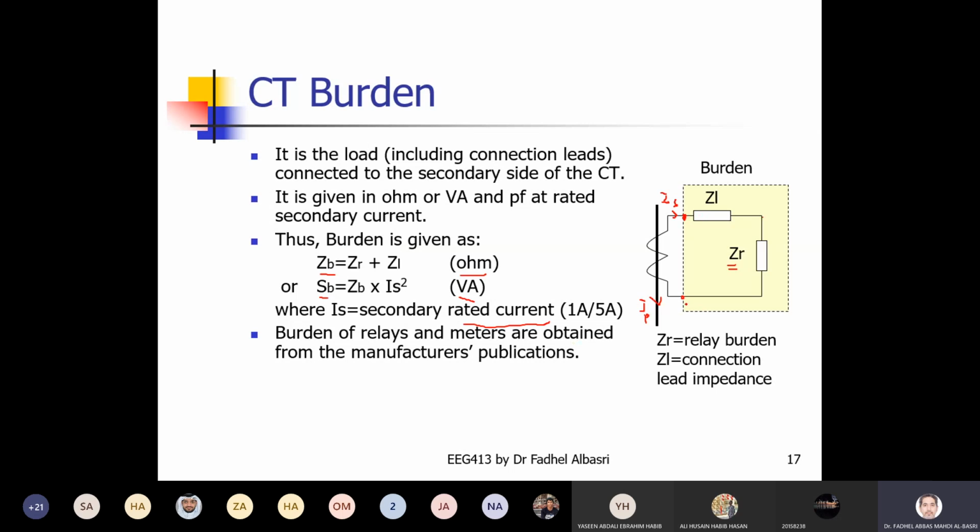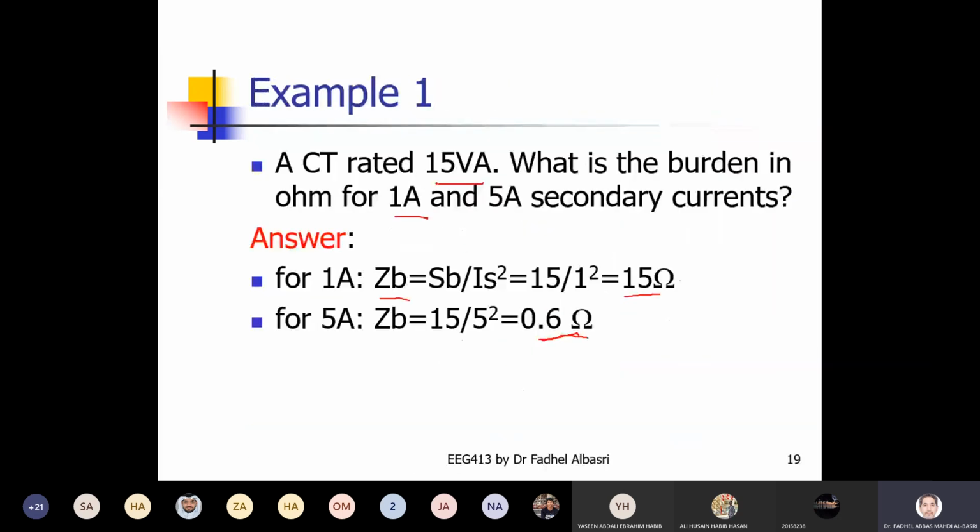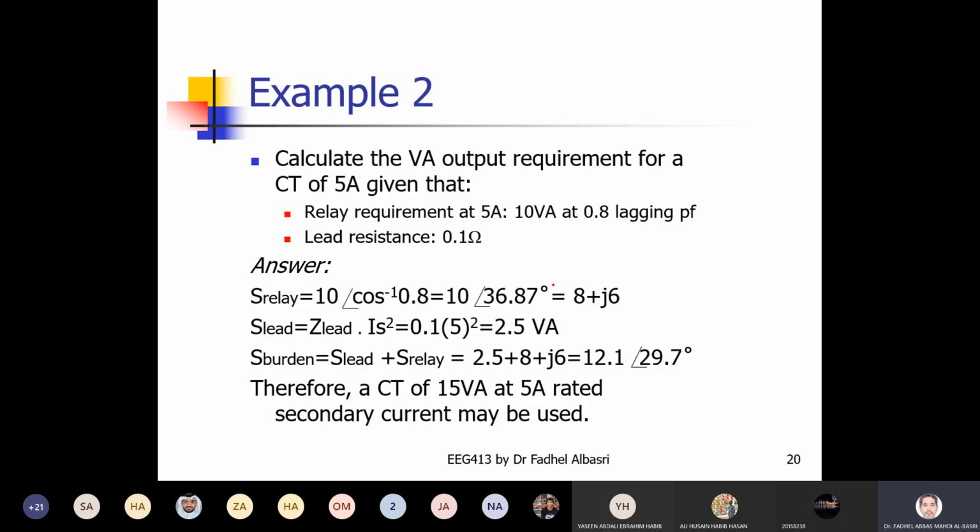We should not exceed this burden, in order not to exceed 15 volt ampere. So burden is very important. We select a CT such that we don't exceed its specified volt ampere or ohmic burden.